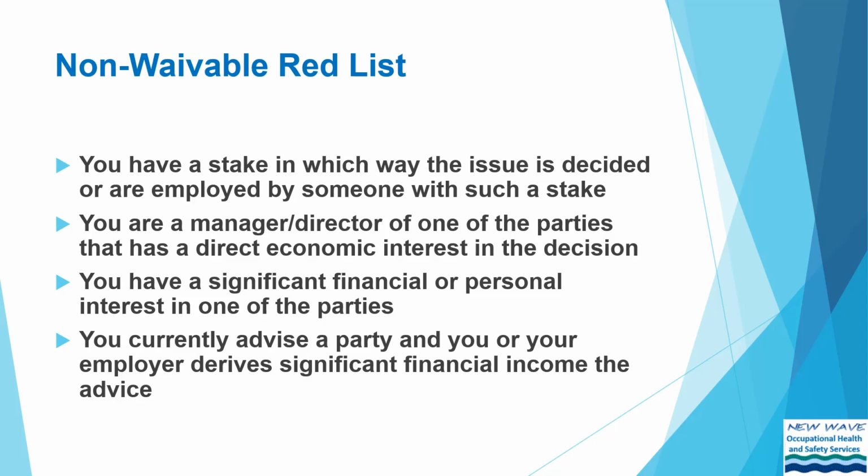Or you have a significant financial or personal interest in one of the parties. Or you currently advise a party and you or your employer derives significant income from the advice. I should mention that the participant guide has the full lists for all 4 groups.